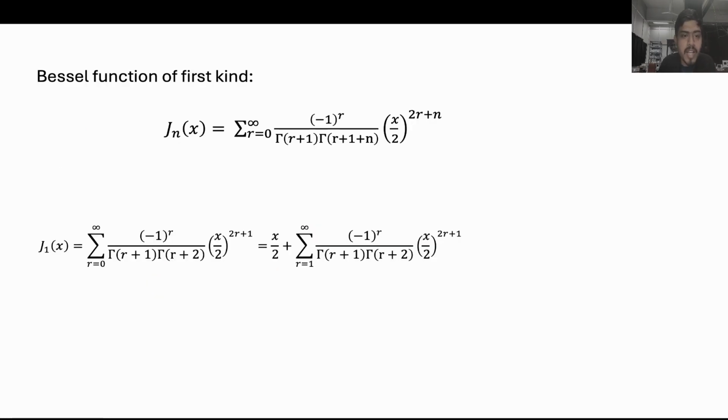Similarly, if you look at J1(x), if I write the 0th term in the summation, there will be x by 2 present because of the 2r plus 1, and in all these terms there will be x or some higher powers of x multiplied with it. So at x equals 0, J1(x) will be 0, and similarly for all other Bessel functions like J2(x), J3(x), J4(x), they will start from 0 at x equals 0, because of this x or higher powers of x in the summation terms.